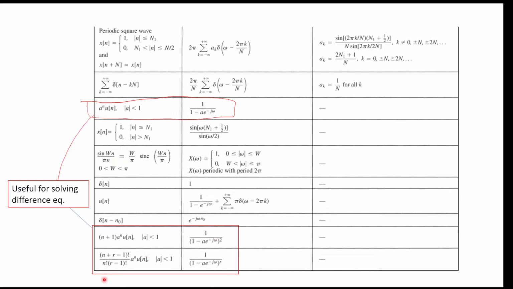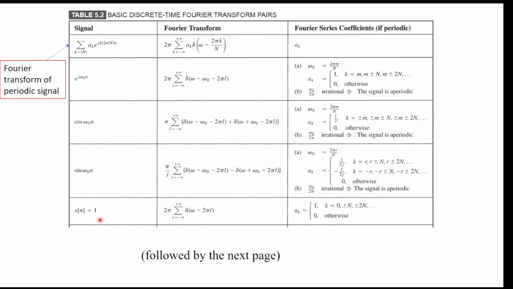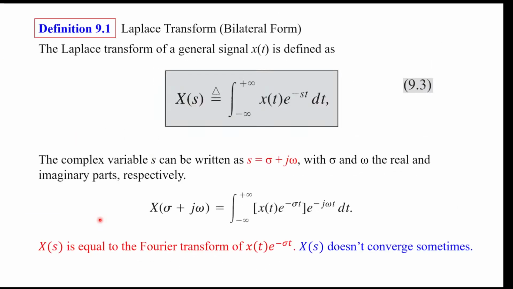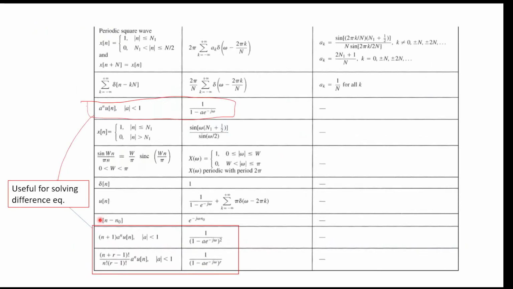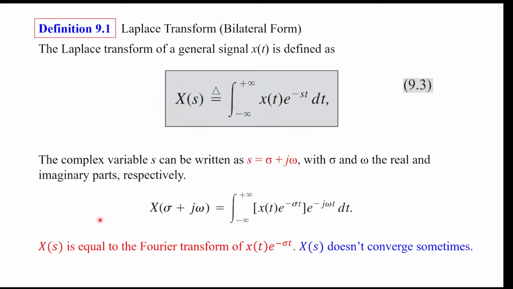You can use them to do inverse Fourier transform. And I guess later we'll have a similar page for the Laplace transform and the Z transform, and you can use them to solve the differential equation too. Okay, any questions so far? Those were a review of the Fourier transform and a bit of Laplace and Z transform.